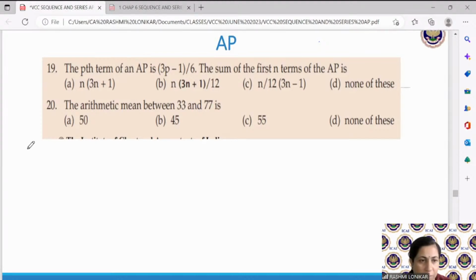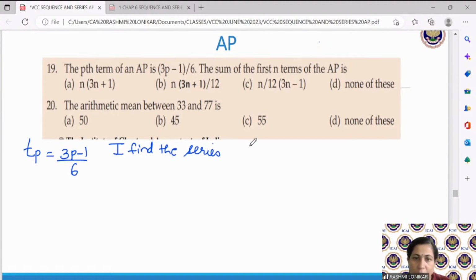Now, pth term means TP is equal to (3P minus 1) upon 6. When I want to find the series, I find it by putting values of P as 1, 2, 3 and so on. Okay. So I will do only up till 3.